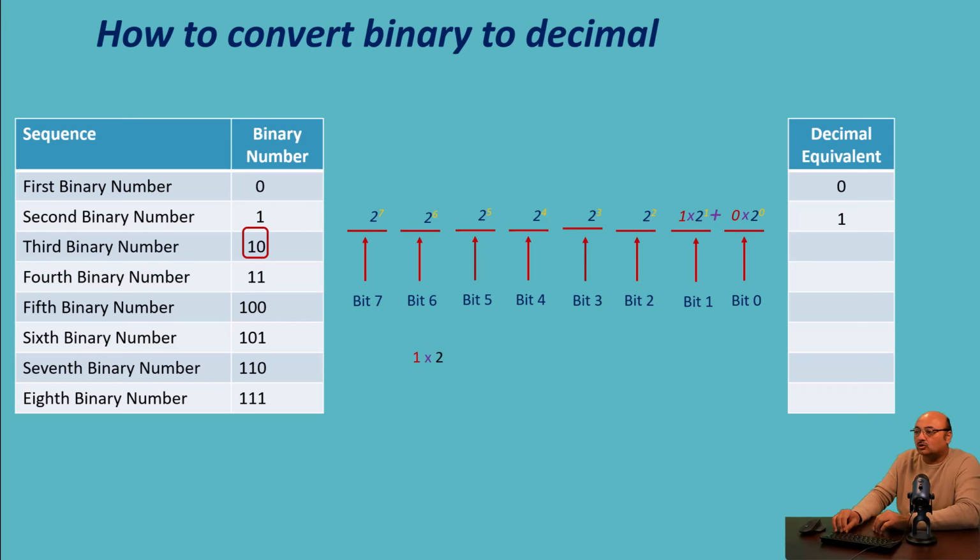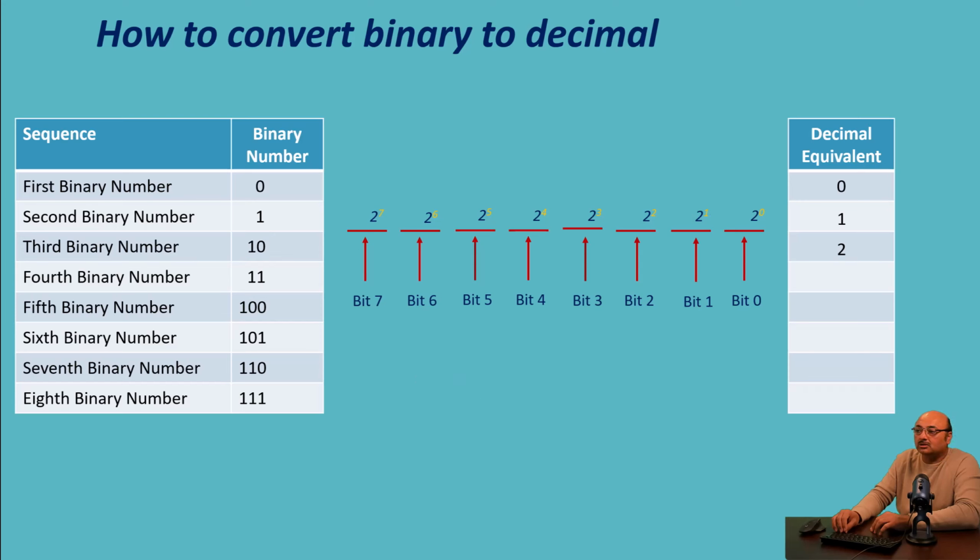So as a result, what do we get? This is what the equation becomes: 1 multiplied by 2 raised to power 1 plus 0 multiplied by 2 raised to power 0, resulting in 1 multiplied by 2 plus 0 multiplied by 1, and that total gives us 2. So the decimal equivalent of binary number 10 is 2.